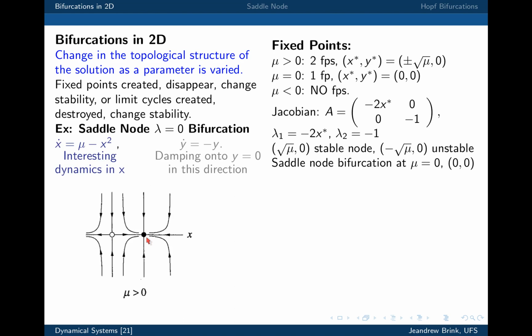Okay. So over here, the negative fixed point where you have minus the square root of mu, you can see here you have the stable eigendirection in y, which has the eigenvalue minus 1. But then here along the x-axis, you now have the unstable eigendirection. So it moves away from the saddle along the x-axis. Okay, so there you have an unstable node.